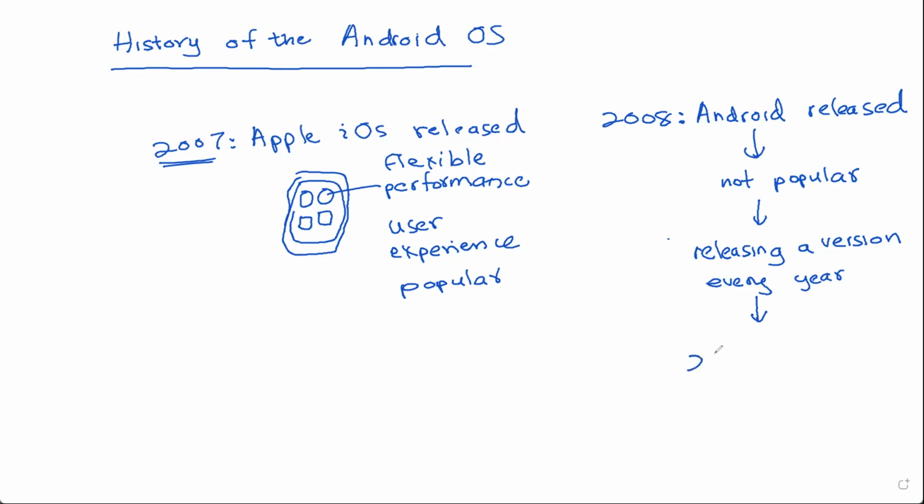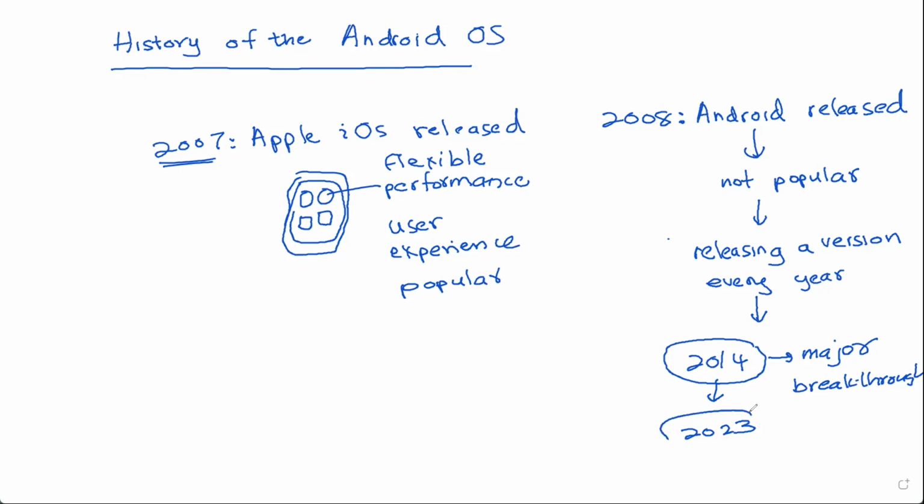There were releases in every year after 2008, and in 2014 they were able to make a major breakthrough in its performance and give a really good experience to the users. Afterwards, it has come to where it is releasing its Android versions.